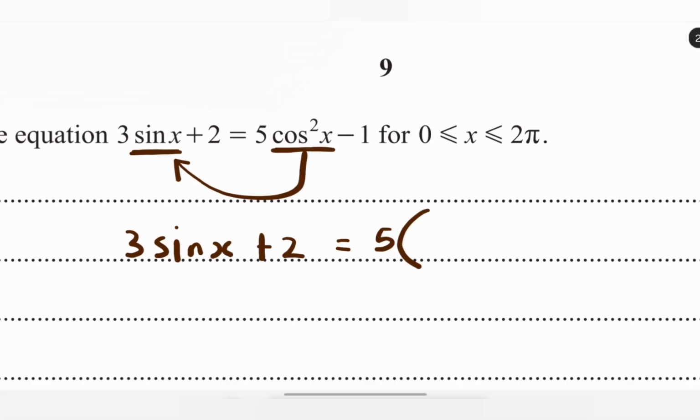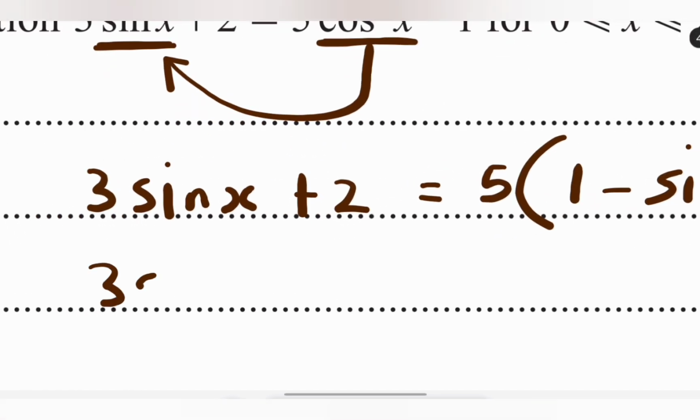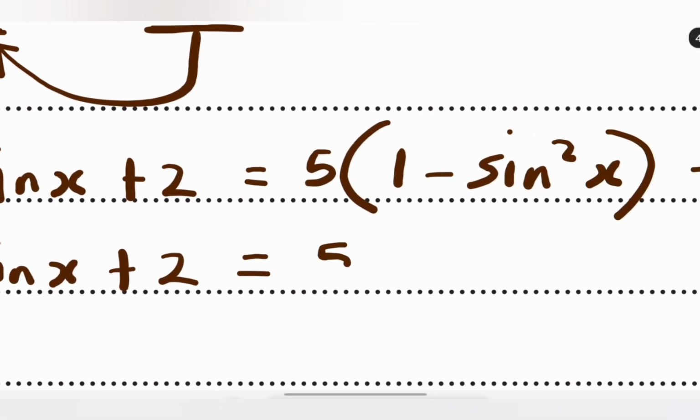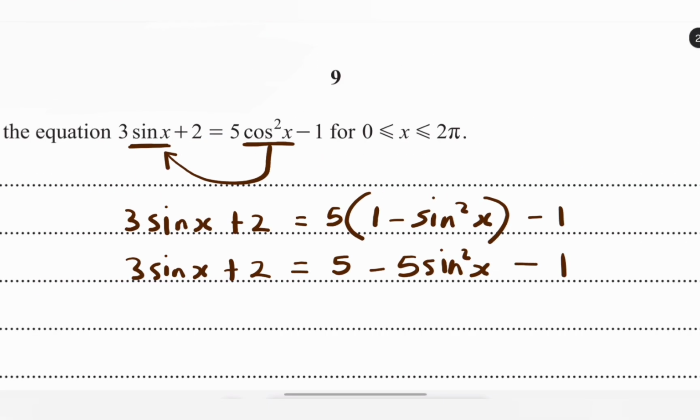Now, cos squared in terms of sine squared is 1 minus sine squared x, and we write our minus 1 like that. Now, this becomes 3 sine x plus 2 is equal to 5 minus 5 sine squared x, and we subtract that 1.